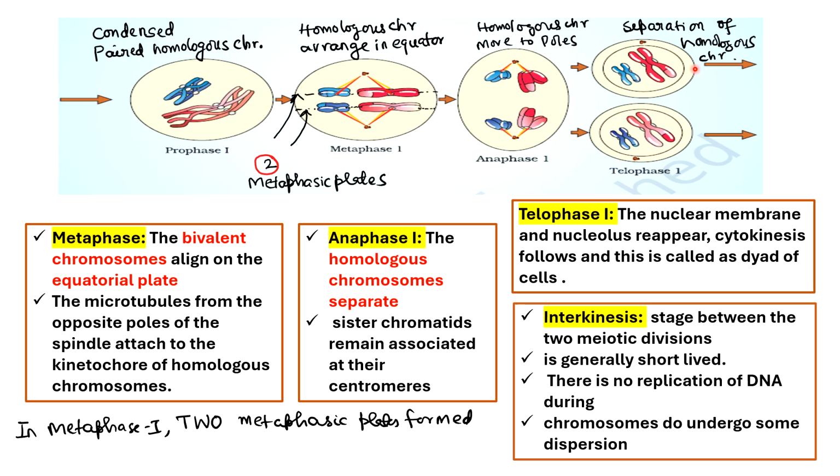So what are getting separated here? What we are essentially getting is one out of the pair of homologous chromosomes. So we are getting the dyad. Here the bivalent or the tetrads were aligning along the metaphasic plate.